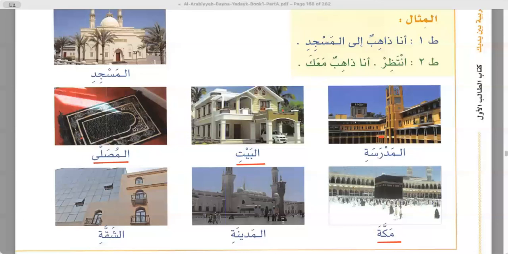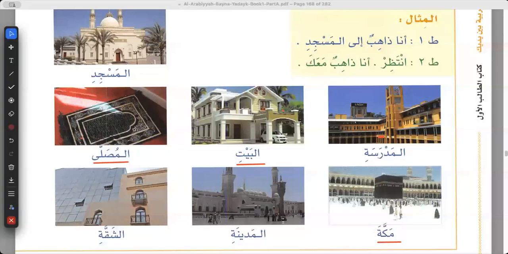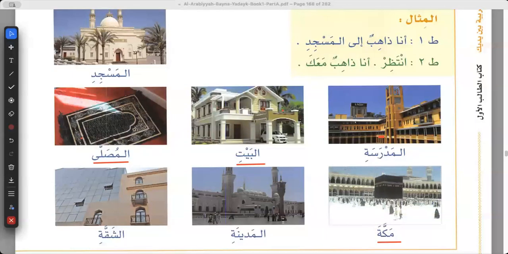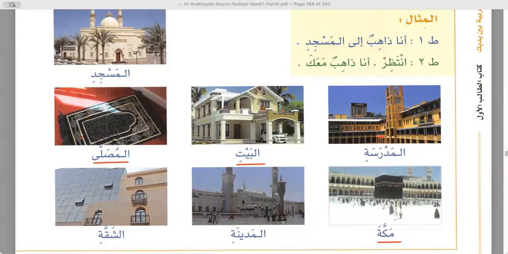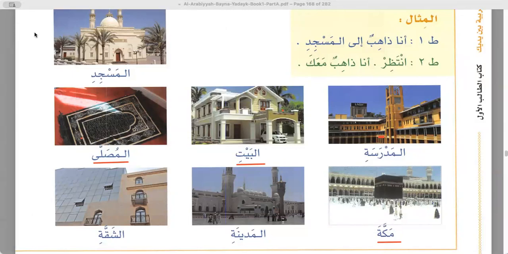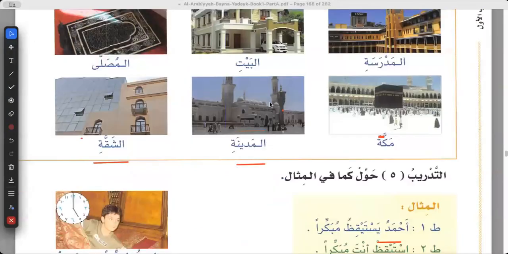Again. أنا ذاهب إلى المدينة. Because you are stopping on that ta marbuta, you don't need to pronounce it. أنا ذاهب إلى المدينة. انتظر، أنا ذاهب معك. Now let's move to the next one, which is the last one on that side.